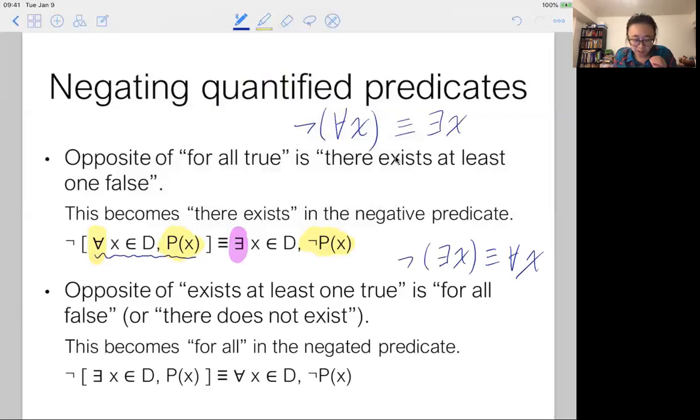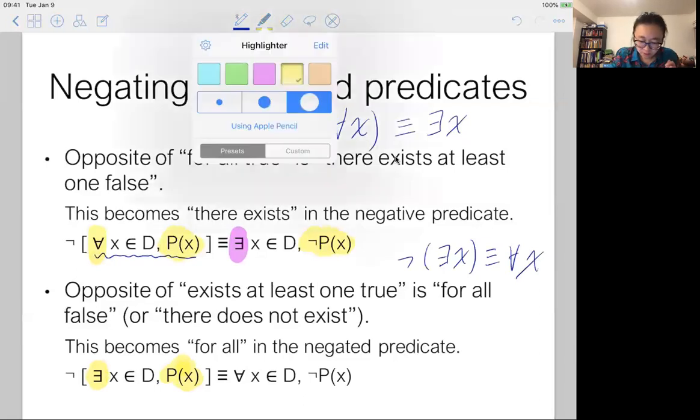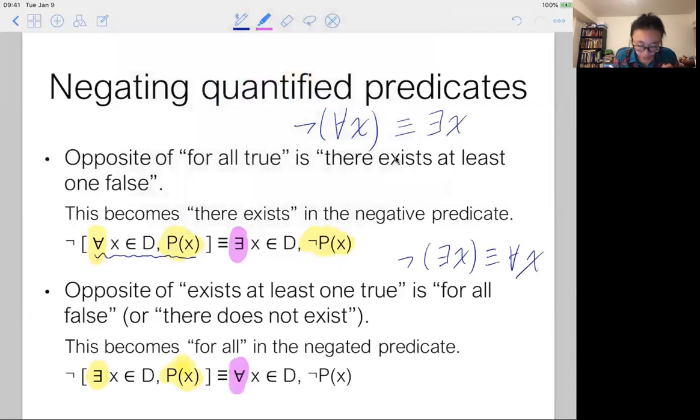So if I have a statement involving existence and a predicate, and I bring the negation inside, this existence symbol now flips to the for all symbol, and correspondingly my predicate becomes its own negation.